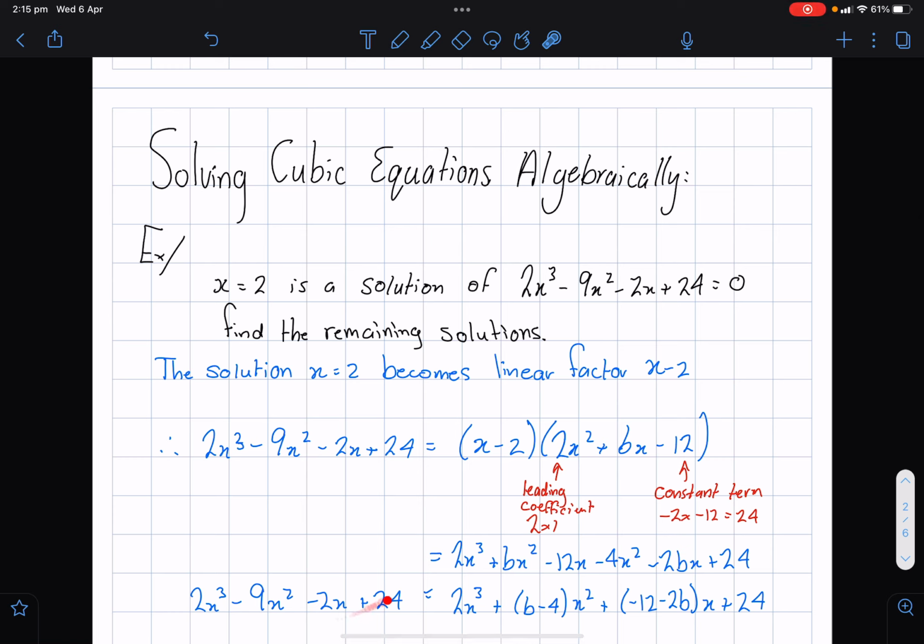Now we write our original polynomial back down here on the left-hand side. On the right-hand side, we're going to take out a factor of x squared from these two terms, writing our coefficient at the front. We're also going to do the same with our x term, taking that x as a common factor out and writing our coefficients. Now we're at the point where we can equate those coefficients.